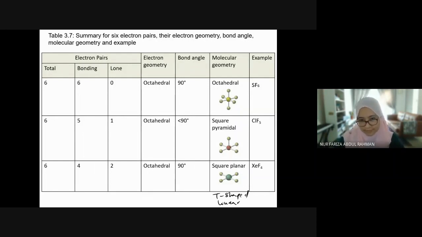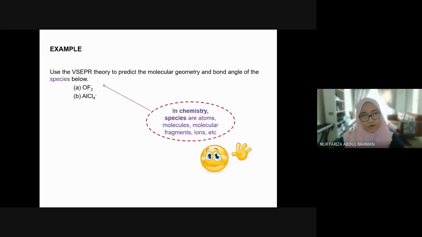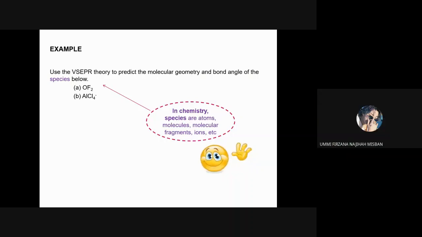Okay? Alright. Okay ke? Any question before we proceed with example? Madam, sudutnya kan madam? Kena kira ke macam ada calculation ke apa ke memang dia fix macam tu je?